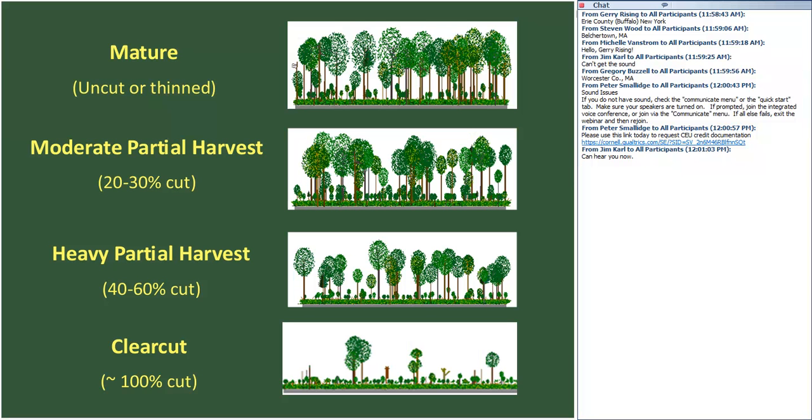A heavy partial harvest, where 40 to 60% of the tree canopy had been removed, and then a clear cut, where almost 100% of the trees, not quite, there had been some seed trees remaining, but most of the canopy was removed. And they looked at how different forest management strategies affected songbird diversity and salamander diversity.